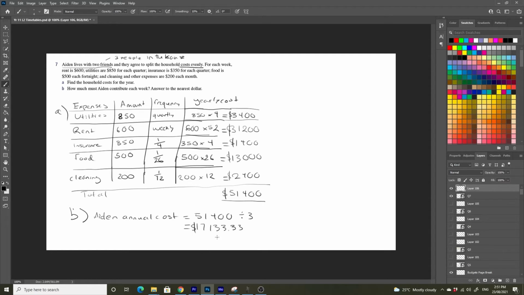That's how much he has to contribute every year, but what we want is his weekly contribution. So we take this and we divide it by 52. So weekly cost is going to be equal to $17,133.33 divided by 52.